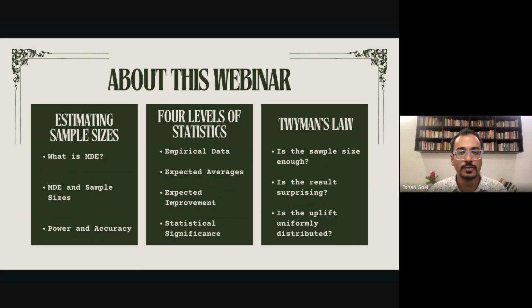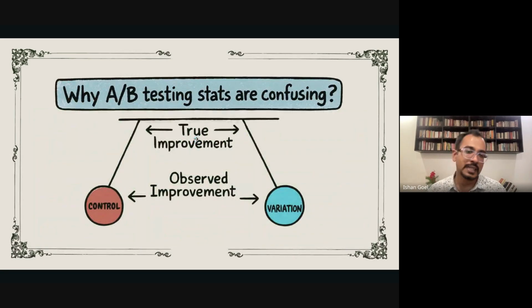So moving ahead quickly. This is the first thing that I want to share with you. I shared this post on LinkedIn as well. Why I am sharing this with you is because I feel that the major source of confusion in understanding statistics comes from this idea that there is a true improvement in statistics that is sort of the population average, which is something that will never be knowable.